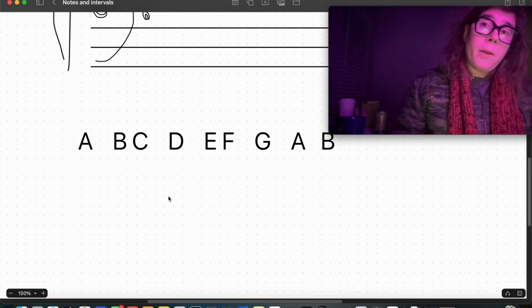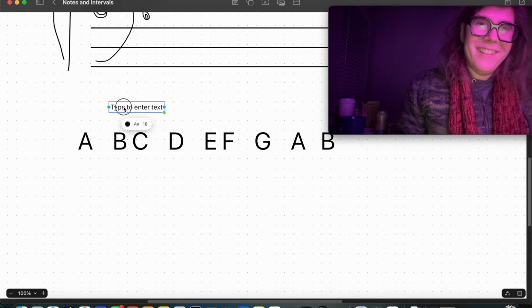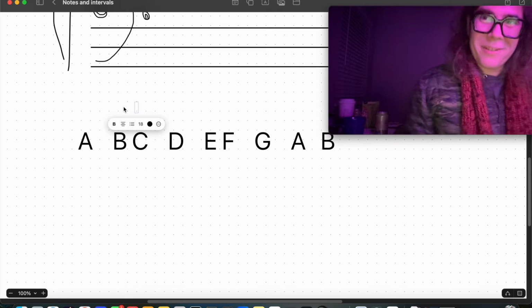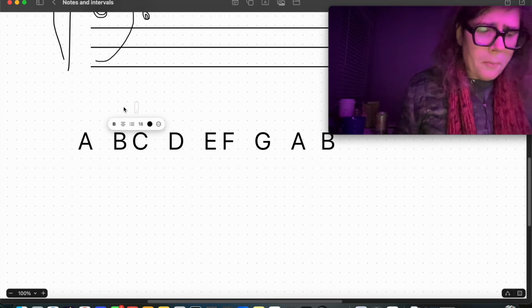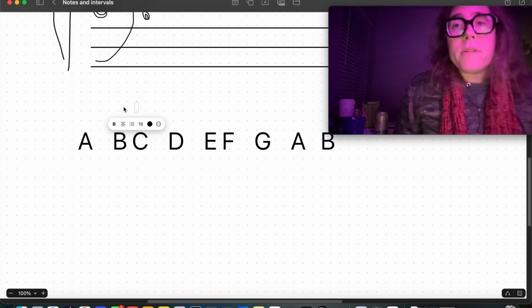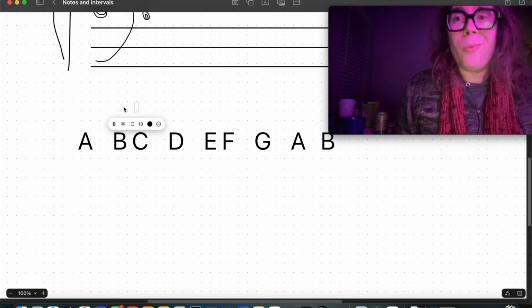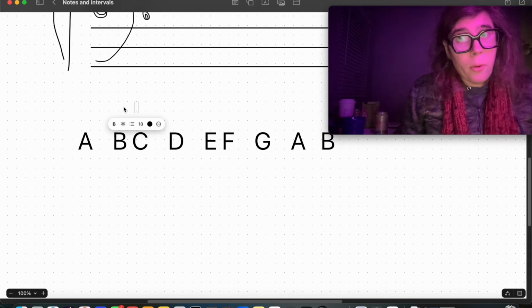I'm going to do my best to do this with kind of a two-type system here. Many of the notes in our system have another note that's in between them. These are like the white and black keys on a keyboard.